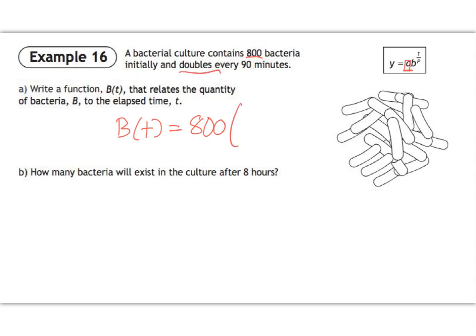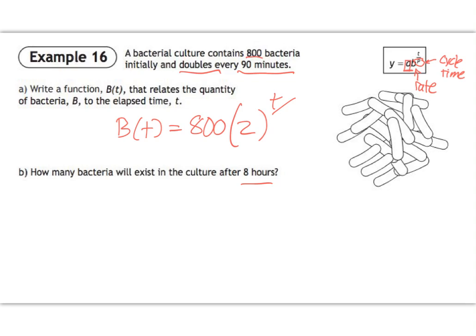Doubling is going to be my rate. That B part is my rate, so that's going to be times 2. And then we're going to keep T as our variable. And every 90 minutes is going to be our kind of cycle time. That's that P thing. Cycle time.